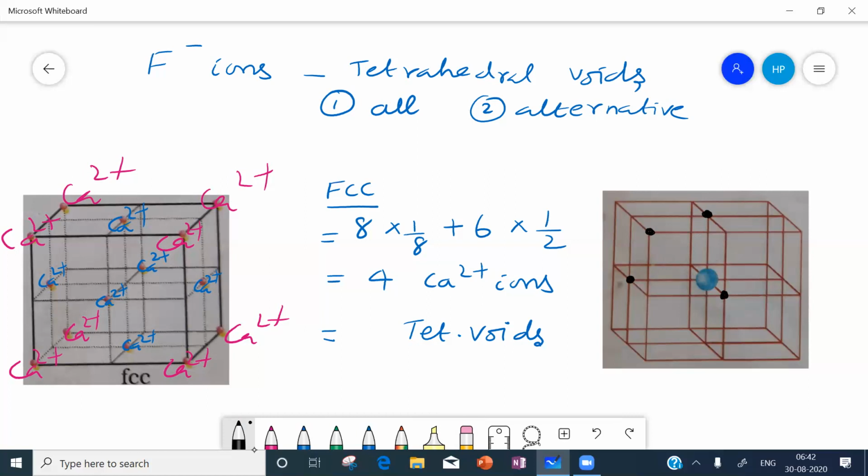Where did we mention these? These we mentioned in this small cube. That small cube I will draw.